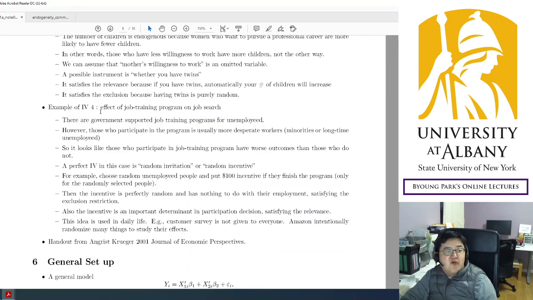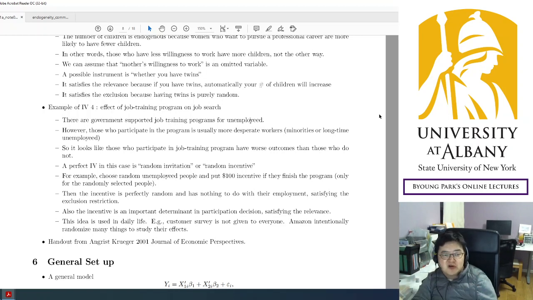And example number 4, the effect of job training on job search. So suppose that someone lost his or her job. During the unemployment period, the worker will get unemployment benefits, and one of the benefits is a job training program. You can participate in the job training program.